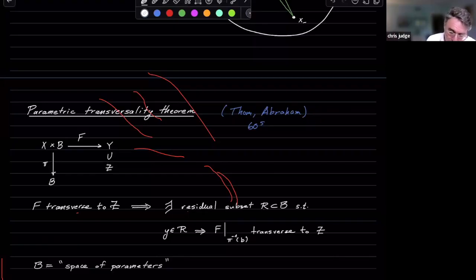When I say generic here, today, generic means that there's some residual set, a very large set, almost everything in B, so that if I take b inside that R, and I restrict F to the fiber above that b, pi inverse of b, then that's transverse to Z.